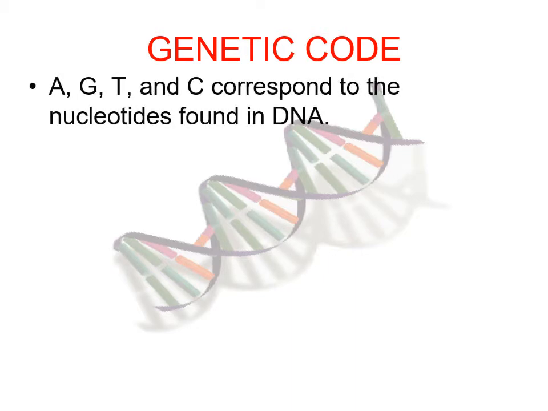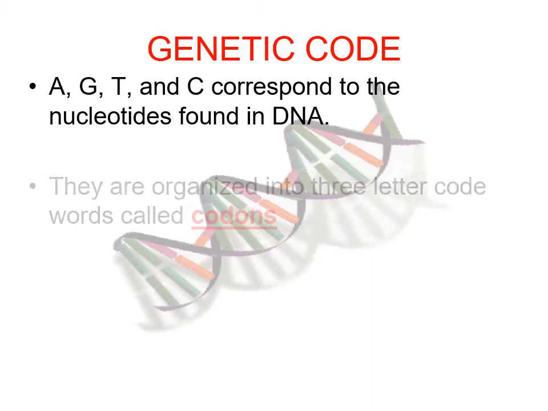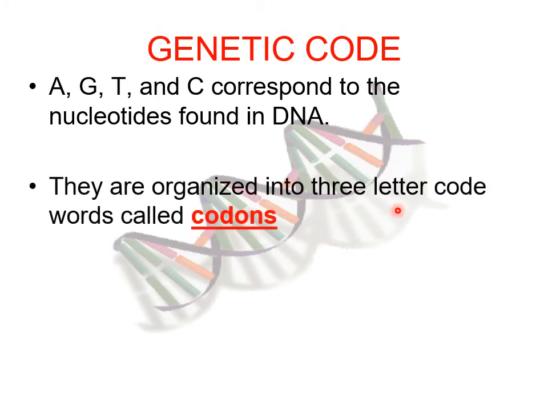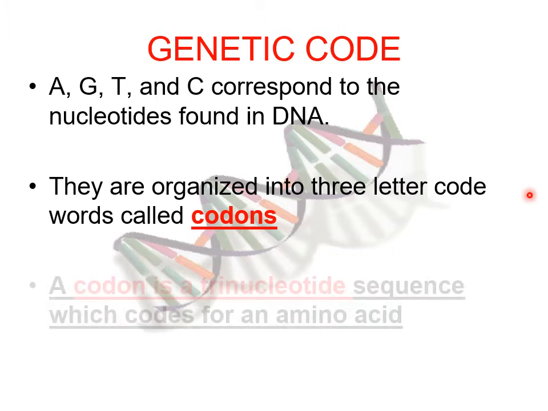We have studied that the letters A, G, T and C represent the respective nucleotides found in the DNA. Now, these nucleotides A, G, T and C are present as a three-letter code called codon in the protein coding genes. That is, in the DNA, in the genes, they are organized into three-letter codes called codons.